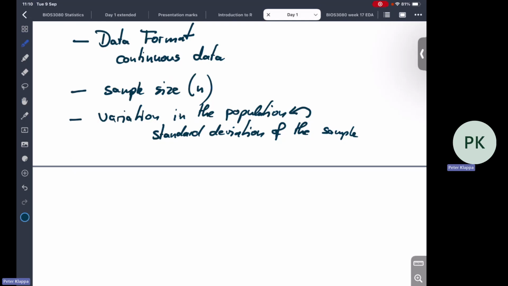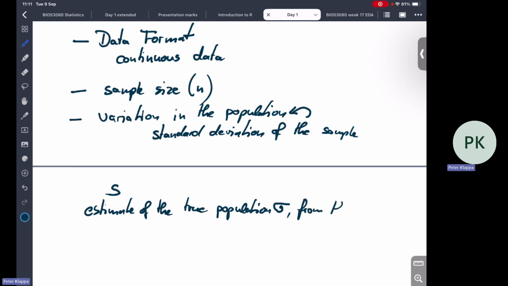And the symbol for this is very imaginative, just lowercase s. s is simply the standard deviation, an estimate of the true population standard deviation, based on the sample.